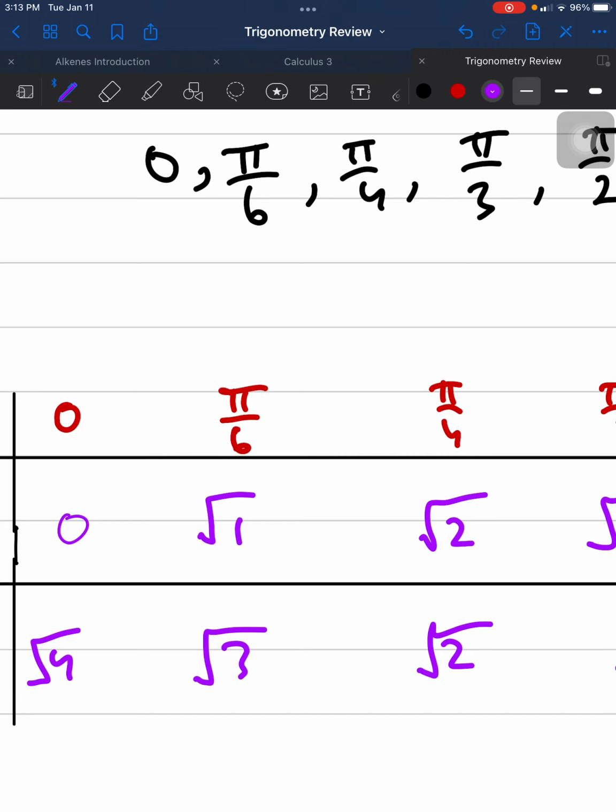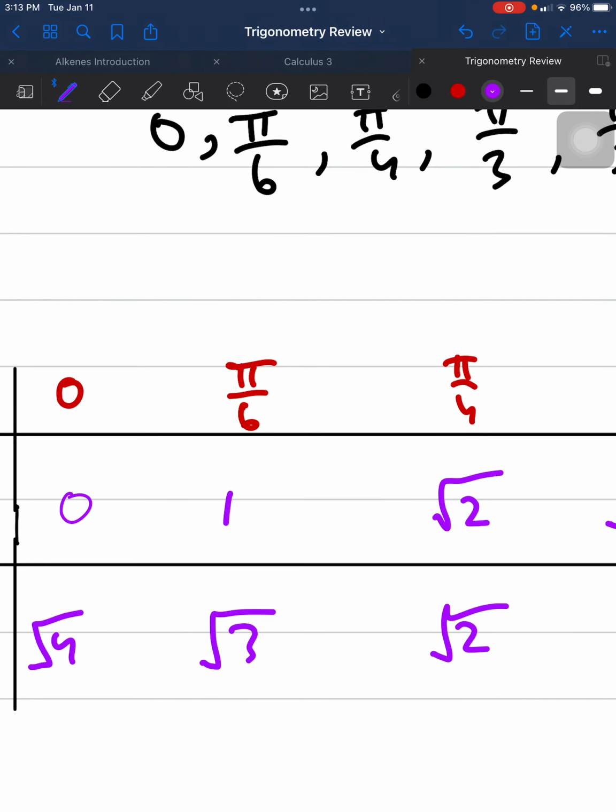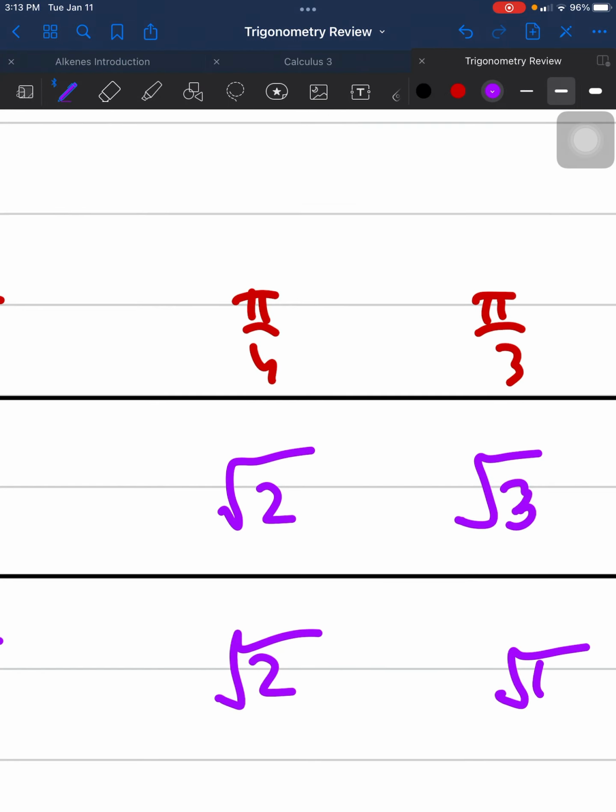The square root of 1 is just 1. So we're gonna write 1, but that's not the actual value of sine at pi over 6. There's an extra step too, but for now we're just gonna take the square roots first.